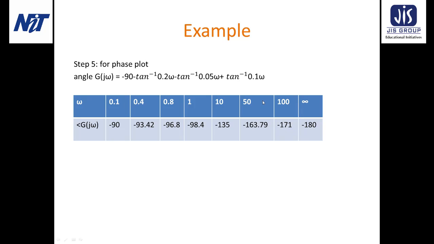In this problem I have not considered the gain crossover frequency and phase crossover frequency to measure the phase margin and gain margin, but you can use them, so it will be more accurate. For each value of omega I have found the angle of G(j omega) H(j omega). So this is for the phase plot.